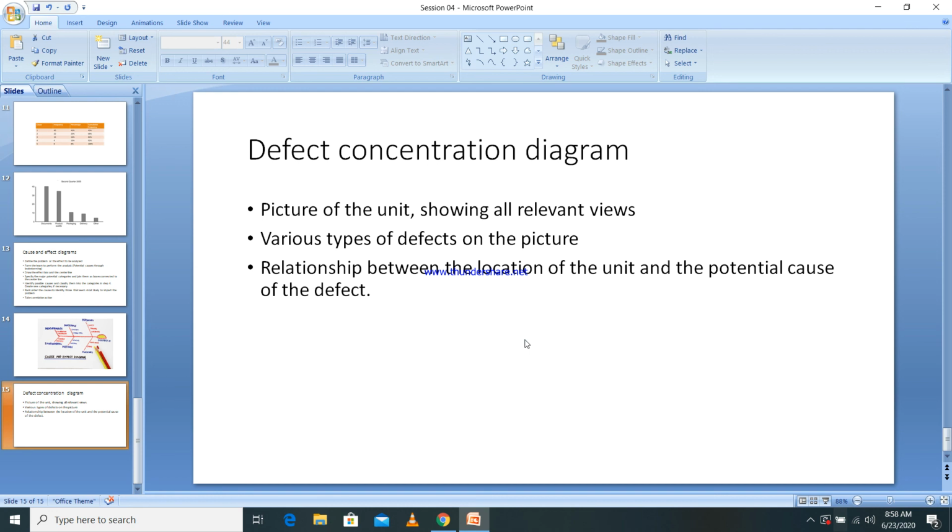Right? So there we mark various types of defects on the picture, and then we identify the relation between the location on the unit and the potential cause of the defect, right?